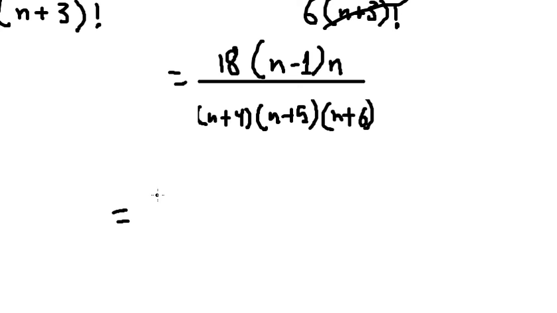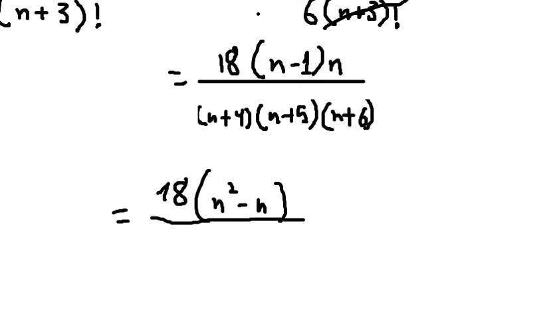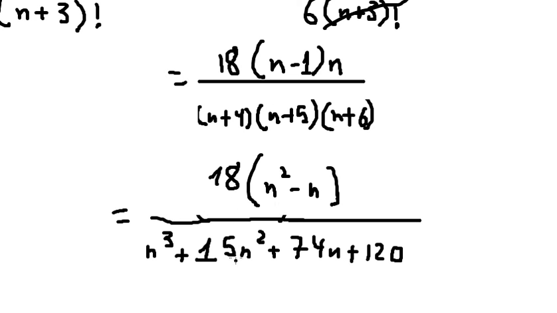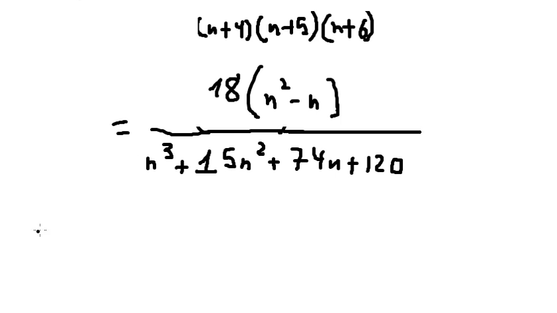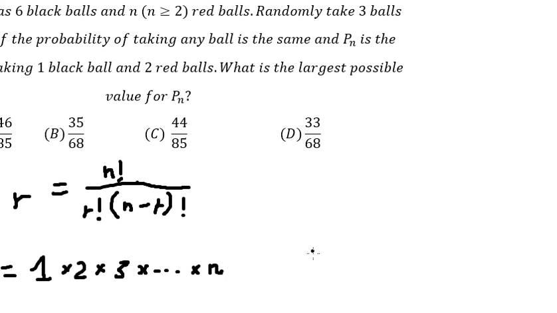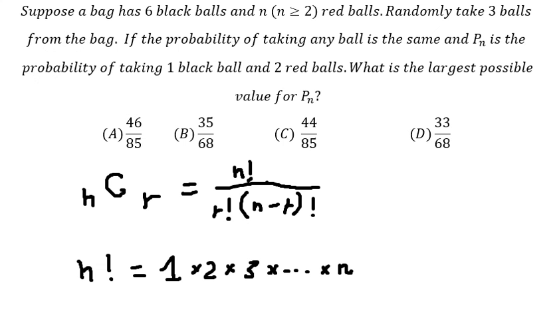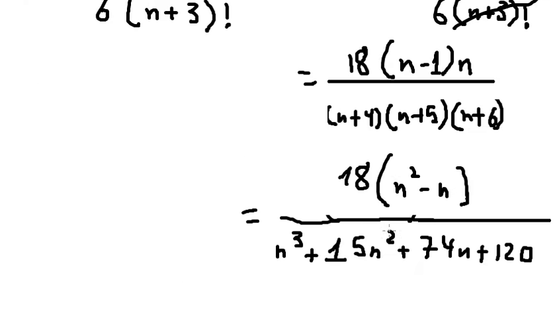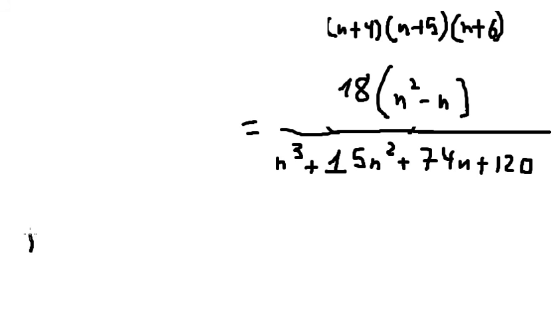So that should be like this. So we have like this. Now, if we want to find the maximum of probability, we need to find the critical value of f of n. So we need to do first derivative.